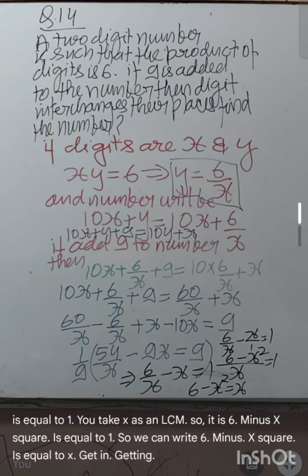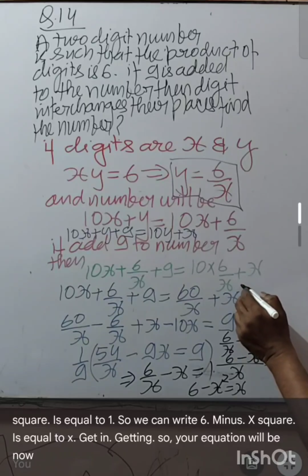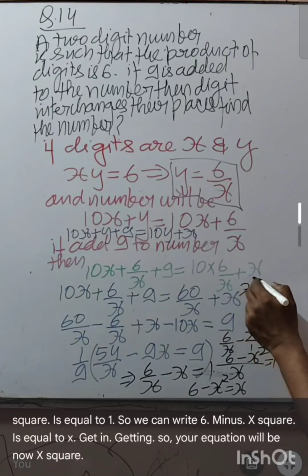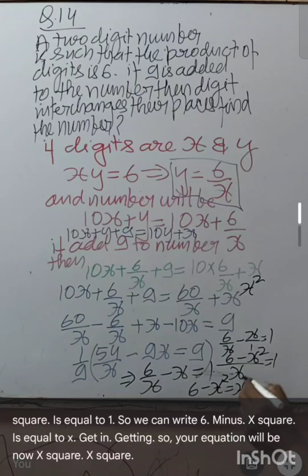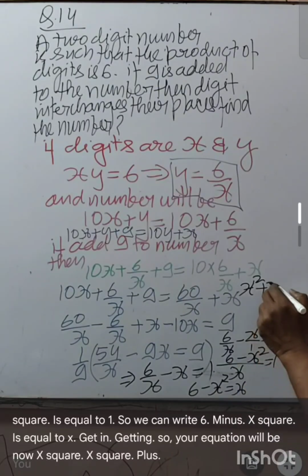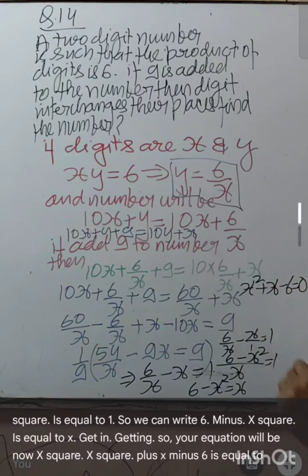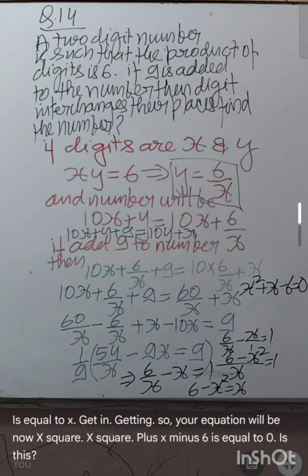Yes, sir. So your equation will now be x square plus x minus 6 is equal to 0. Is this so?